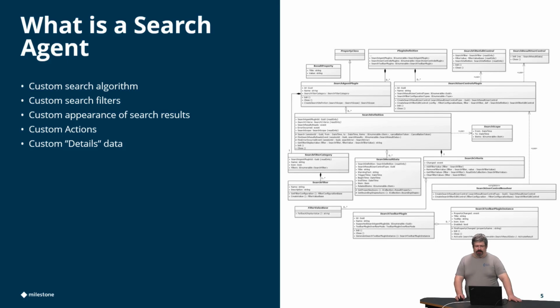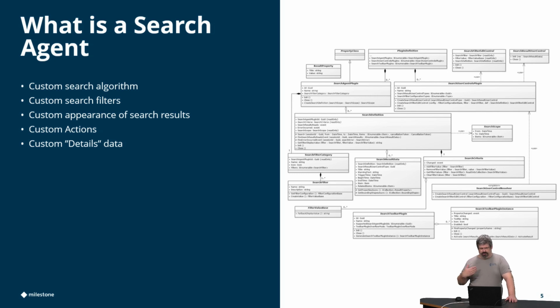So what's actually going on here? What is a search agent? The thing is, you define a completely custom search algorithm, which is completely separate from the smart client plugin, but then you call that from the plugin using custom search filters, and potentially you can do custom appearance of how the search results are shown.